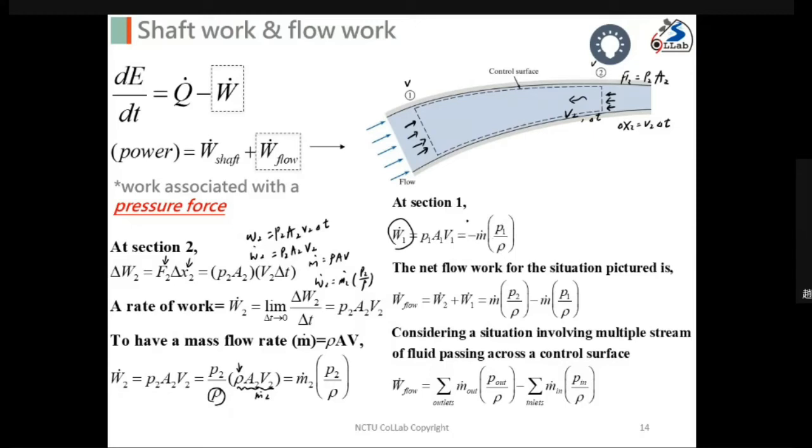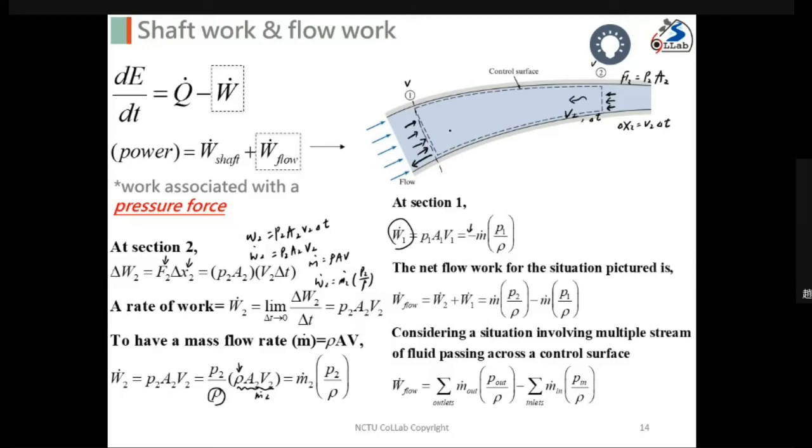So similar to W2 and W1, we can rewrite it with the m rate, and we have the P1 and the rho. Then the actual difference here compared to cross section 2 is the minus, because, as we know, it is the inflow cross-section area.